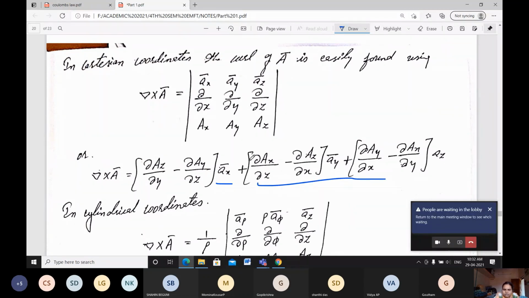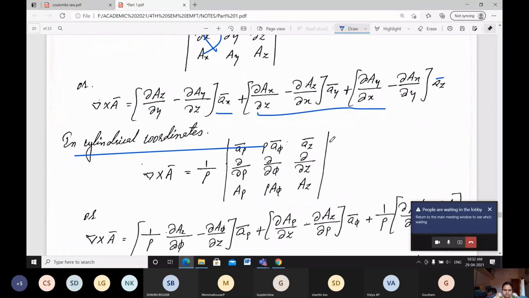Then dou Ax divided by dou z minus dou Az divided by dou x with the unit vector ay, plus dou Ay divided by dou x minus dou Ax divided by dou y with unit vector az. This is in terms of the Cartesian coordinate system.